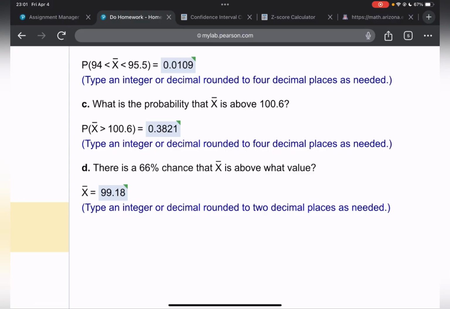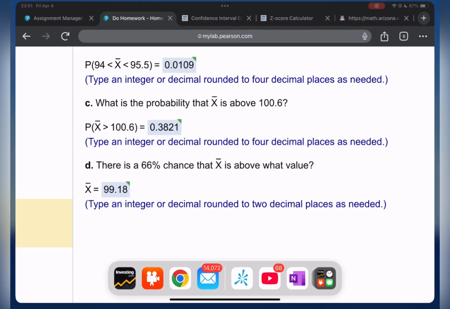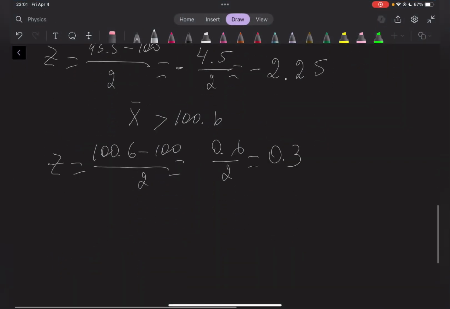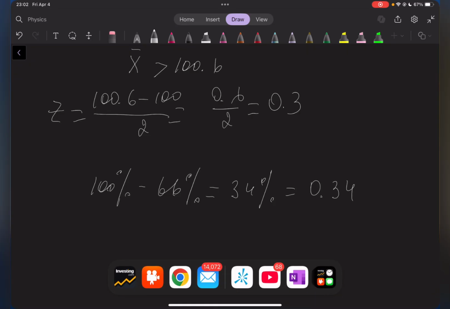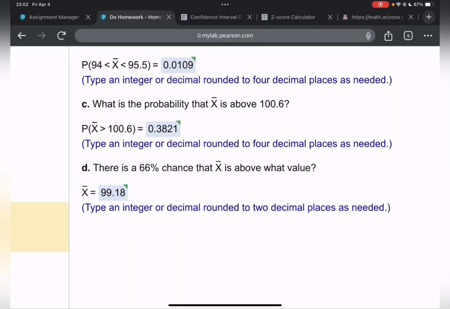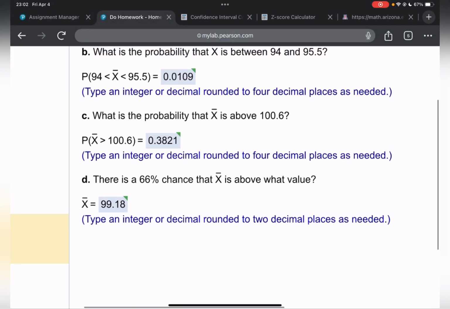So what I'm going to do is 1 minus 66%, so I'm going to do 100% minus 66%. It's gonna be 34%, which decimal wise, it's gonna be 0.34.